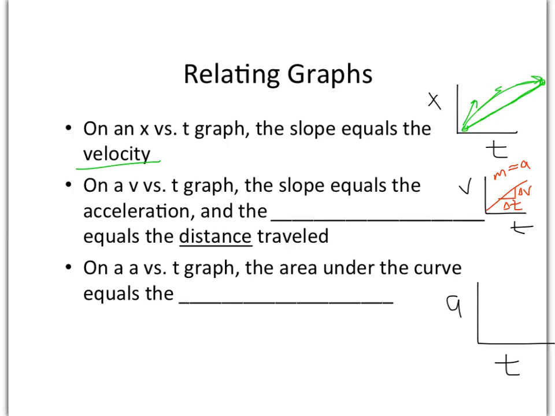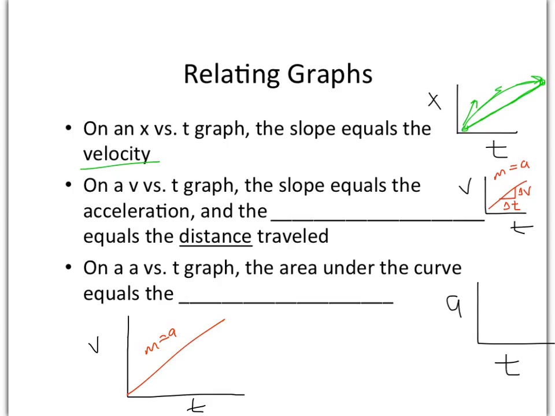All right, but even more importantly than that, let me draw another velocity versus time graph. Let me redraw that down here. Here's our velocity, here's our time, and then here is our red acceleration line. So the slope is the acceleration, okay?